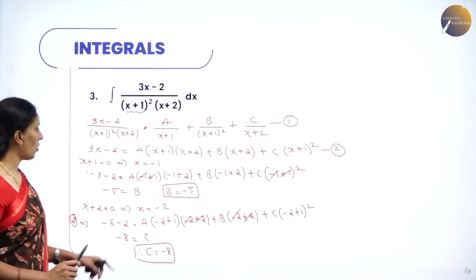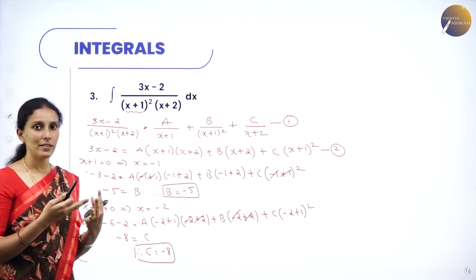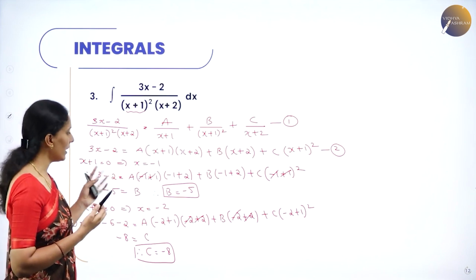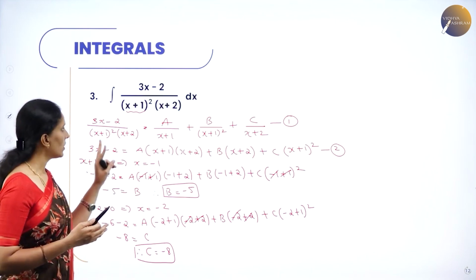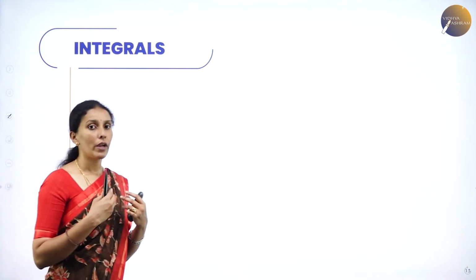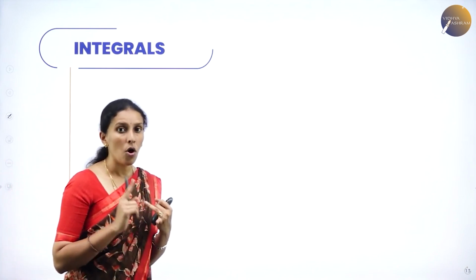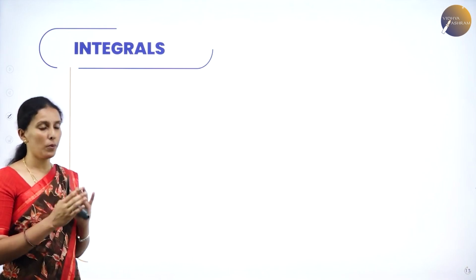Next we need to find out the value for a. If you have 3 factors, it is easy to find all the 3 constants, but here you don't have all the 3 factors. Since you have only 2 factors, the other way is you can put x equal to 0, or you can equate the coefficients of x on both sides.